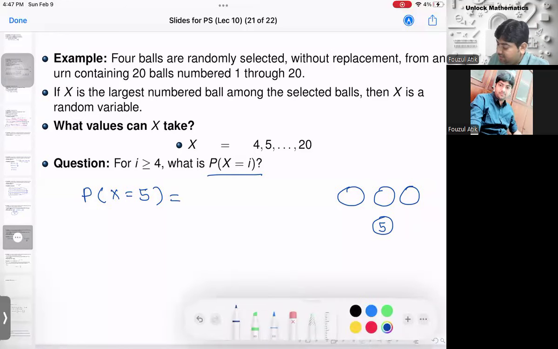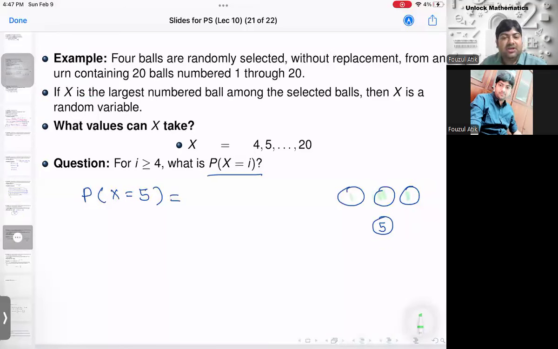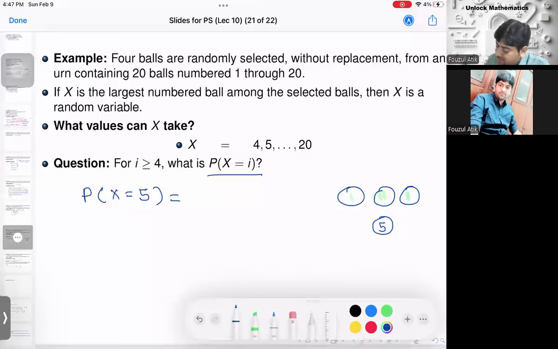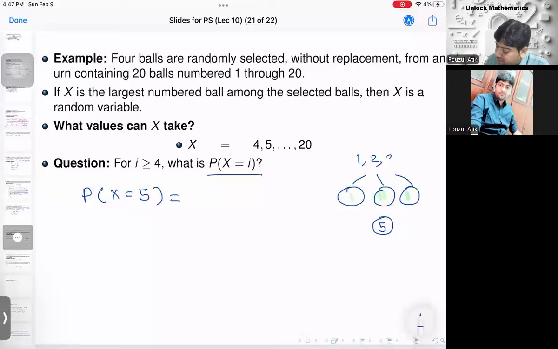The other three numbers can be any number from 1 to 4, because the largest number is 5, so they should be less than 5. They can take the values 1, 2, 3 or 4.